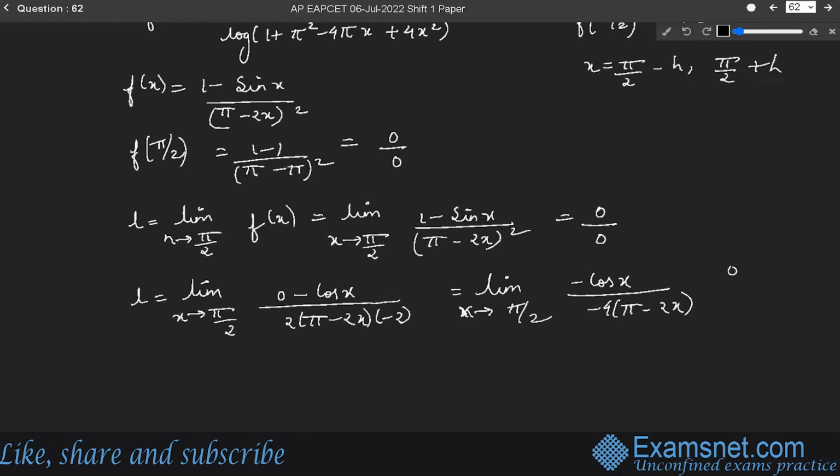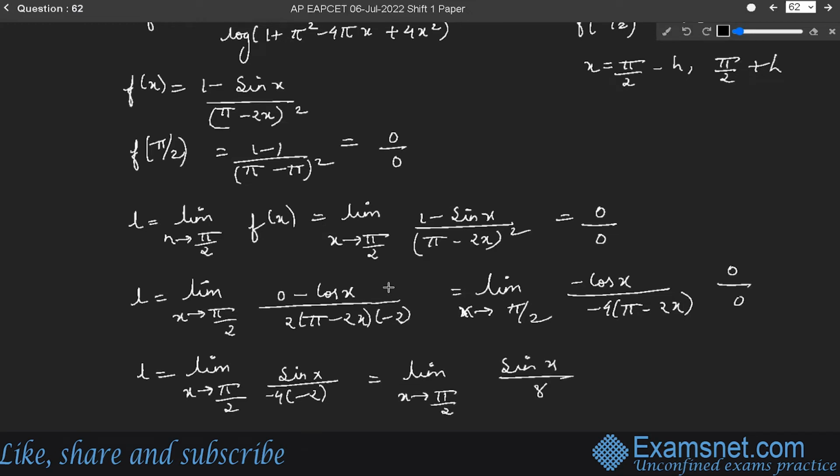Again, it is a 0/0 form. So again, applying the same L'Hospital's rule, L = limit x tends to π/2 of sin x / (−4 × −2), so it will be the limit of sin x / 8.